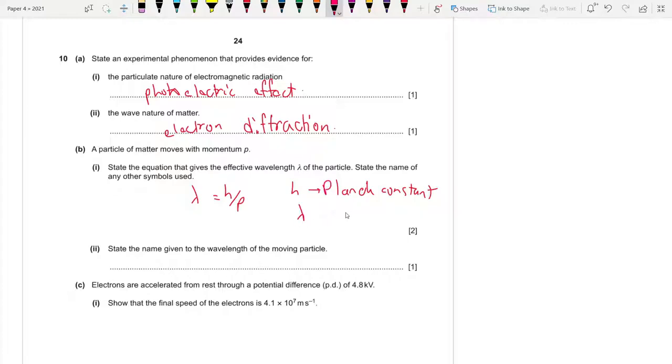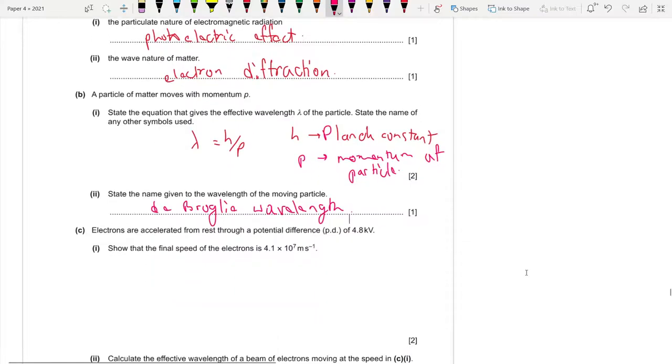And p is the momentum. Actually, in March 2022, they wrote about momentum, but in this mark scheme they didn't. What is the name of the wavelength? It's de Broglie, right? De Broglie wavelength.